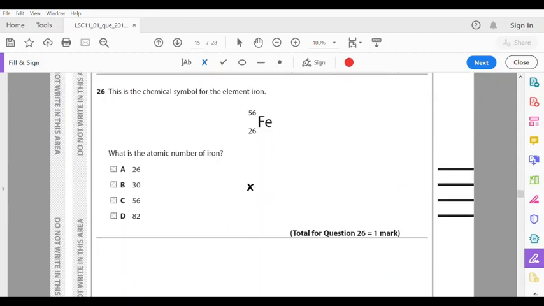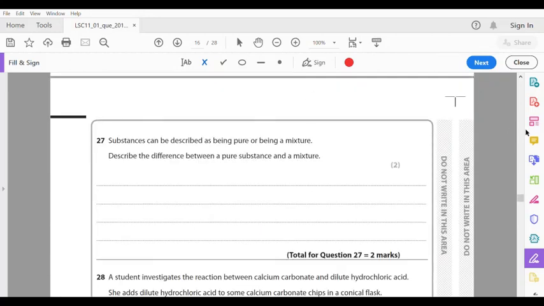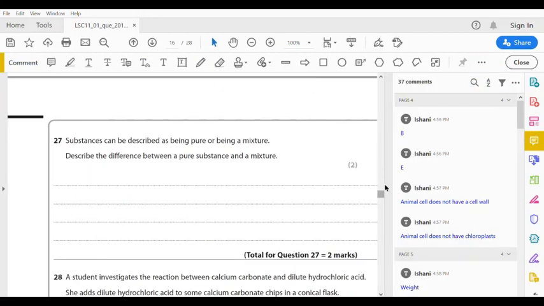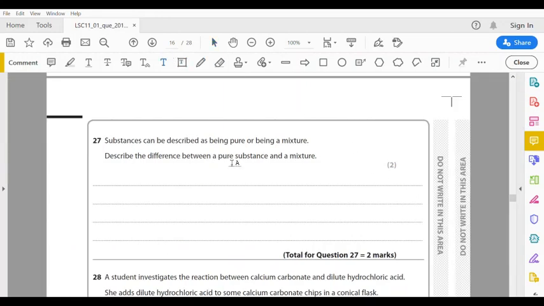Next question, this is a chemical symbol for the element iron. What is the atomic number of iron? So atomic number stays down here, so the answer is 26. A substance can be described as being pure or being a mixture.